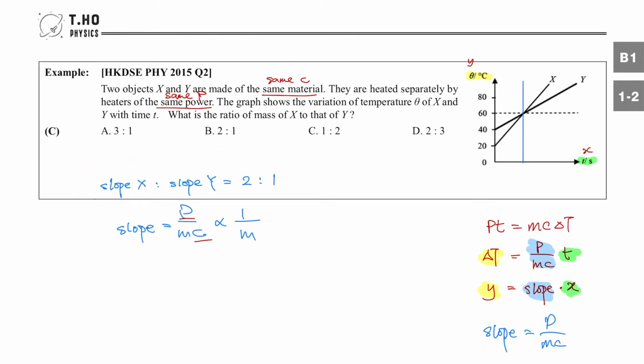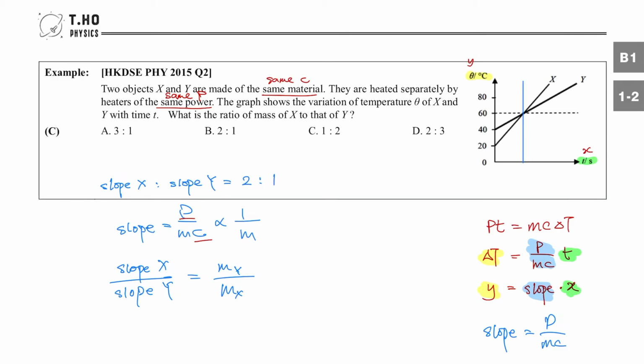So slope of X and slope of Y are in the ratio of 2 to 1. At the same time, we know that slope is inversely proportional to mass. So we can write down slope of X to slope of Y equals mY over mX, because they are inversely proportional, so the numerator and denominator are inverted.